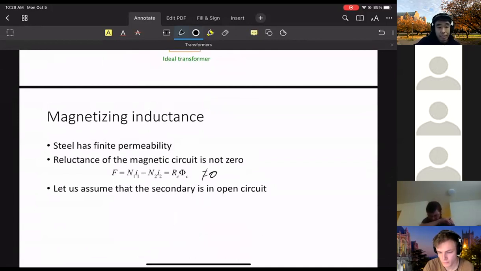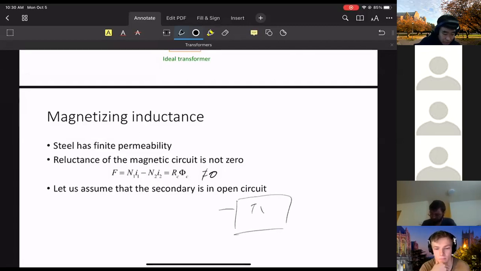The way we analyze this circuit is we'll make the assumption that the secondary is an open circuit. Let's say we have some transformer, with I1 going into it and I2 coming out. We leave the secondary side open.